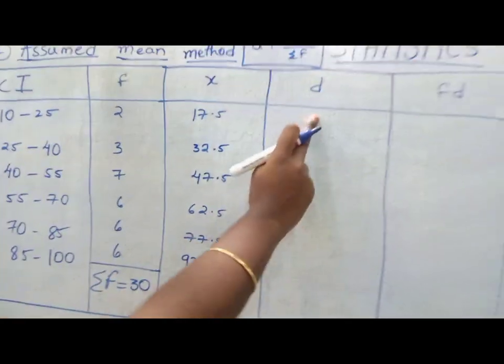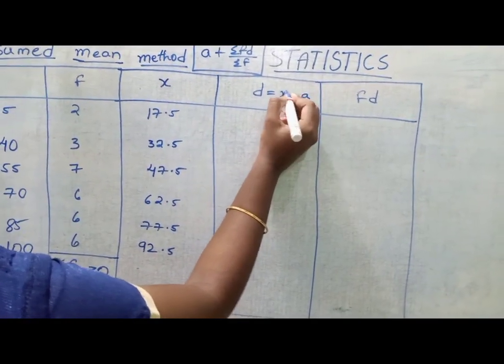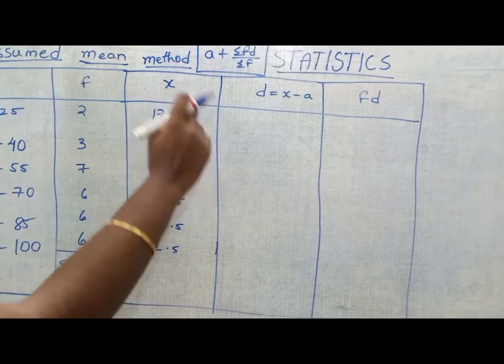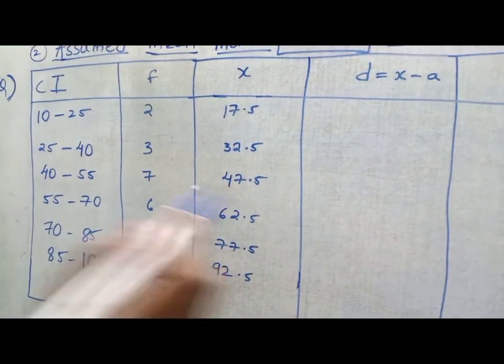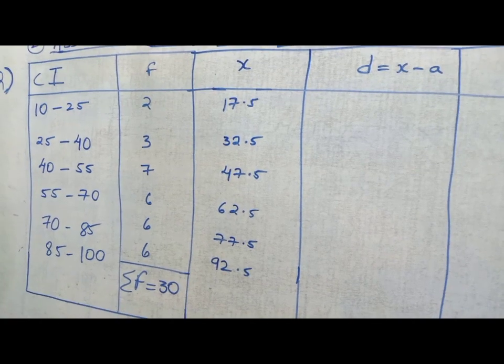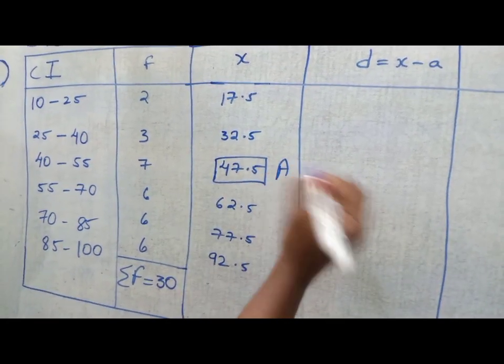Now to find the d values, the formula is x minus a. X is these values. Now in these x values, we assume that any of the number as a. Now I am taking 47.5 as a.